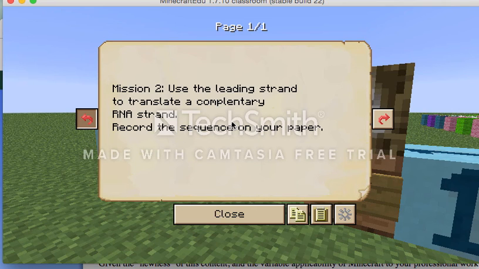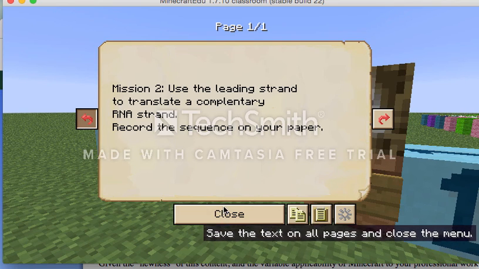So using the leading strand, they would translate a complementary RNA strand. They would record the sequence, the letters for that, on a piece of paper that I would have them using for assessment purposes. They would turn it in again when I looked at their Minecraft production. I would be able to look at that paper as well and make sure they were sequencing properly.